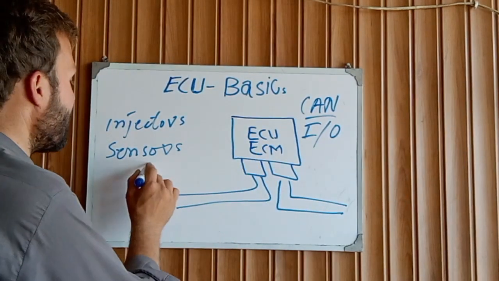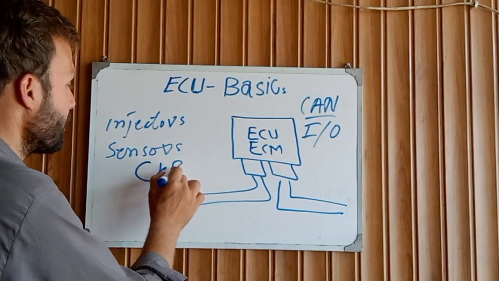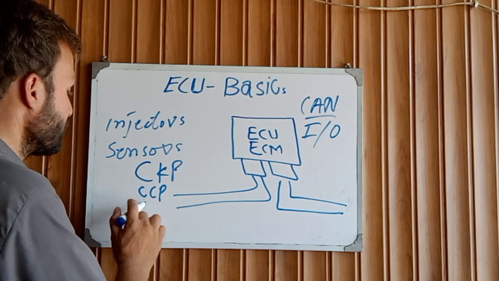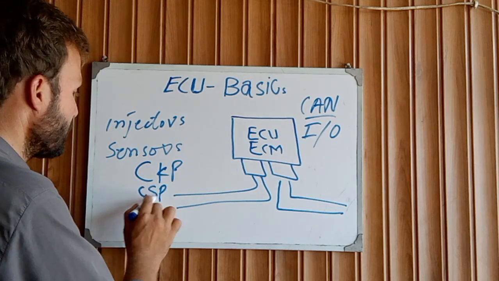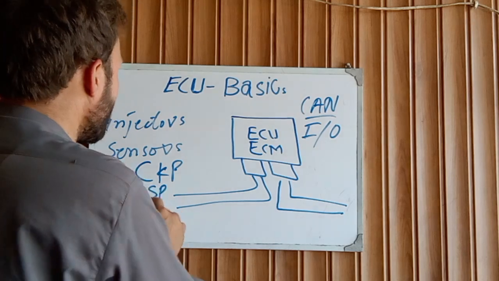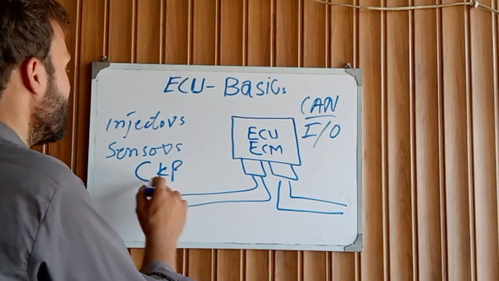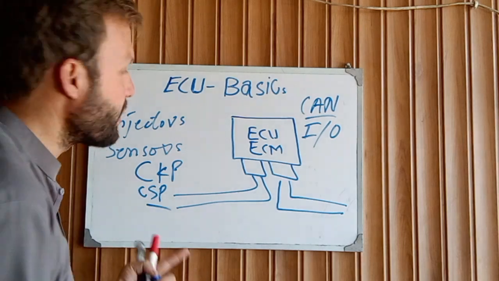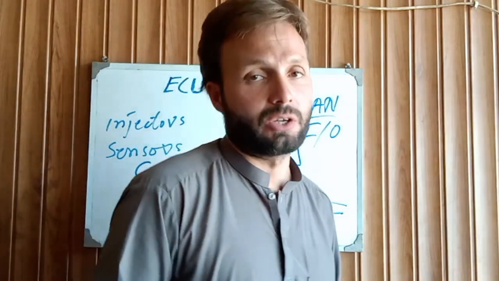Two sensors are very important: one is the CKP and one is the CMP, or in your language, the crankshaft position sensor and the camshaft position sensor.